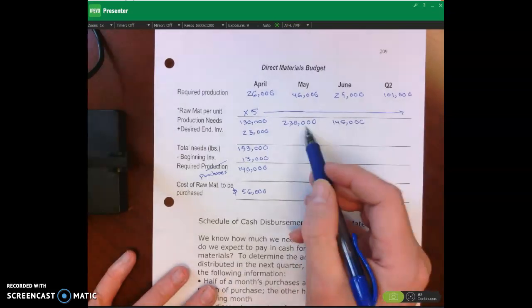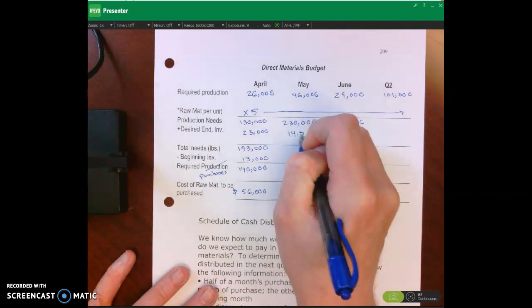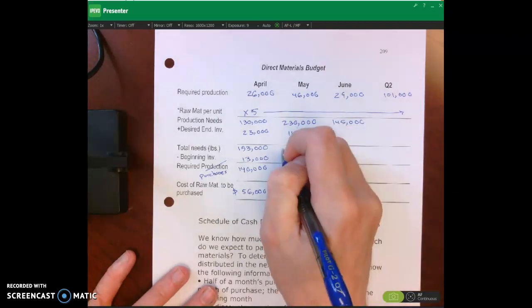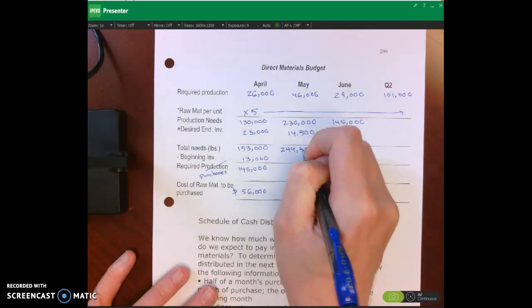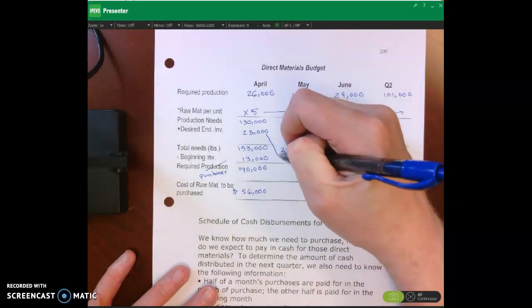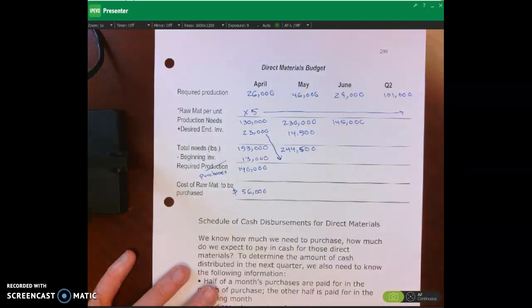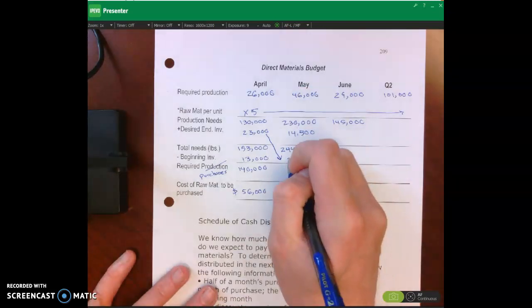So now let's look at May really quickly here. Again, 10%, add the two, that gives us 244,500. Now, beginning inventory for May, just like what we saw with the production budget, is ending inventory for April, 23,000.